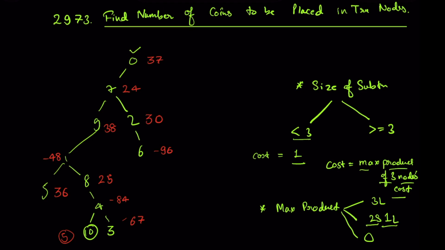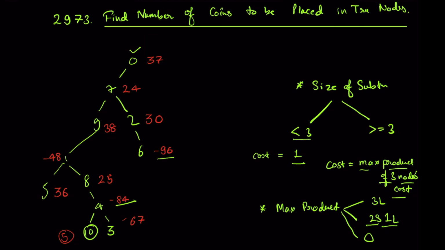Why so? Because when these two numbers are very large in magnitude and negative, when you multiply them they become positive. Then you multiply by the largest positive number, that in this case should be 38. That could be one of the possible answers.